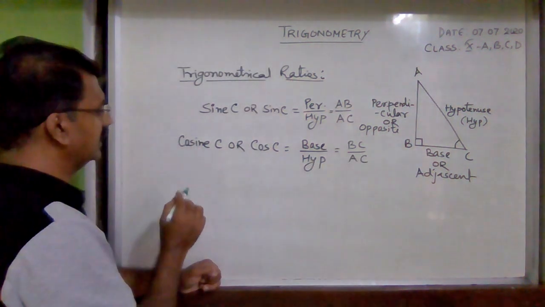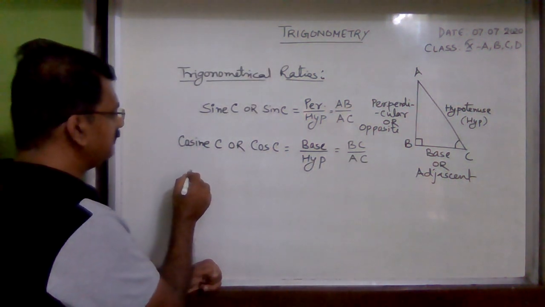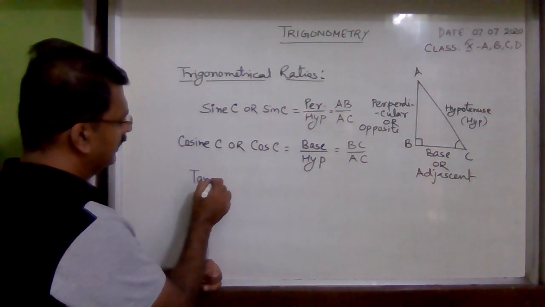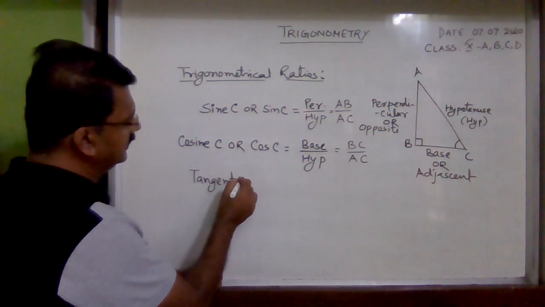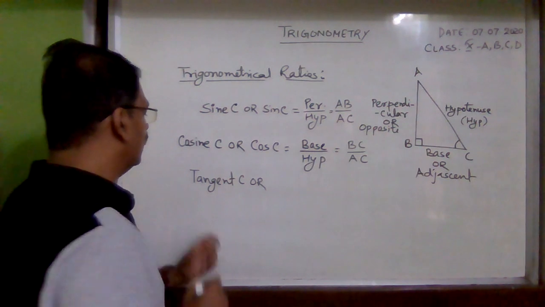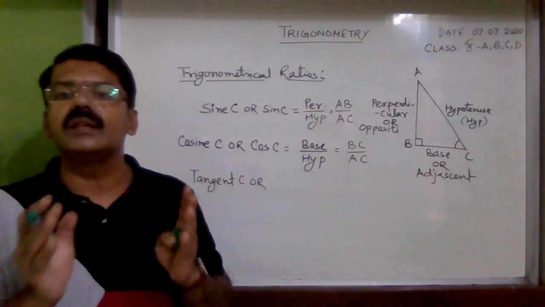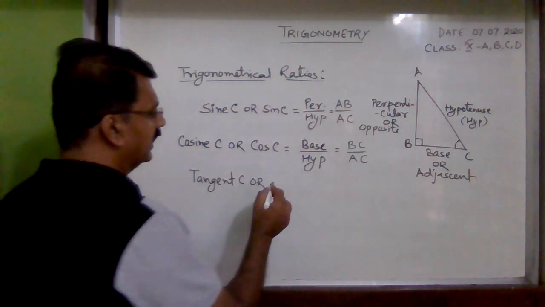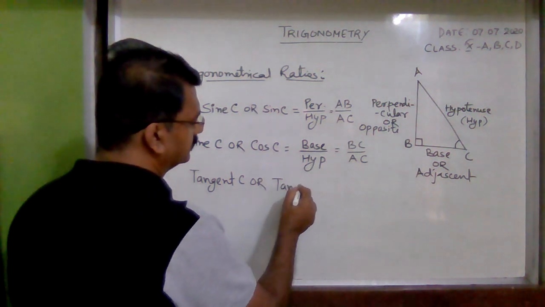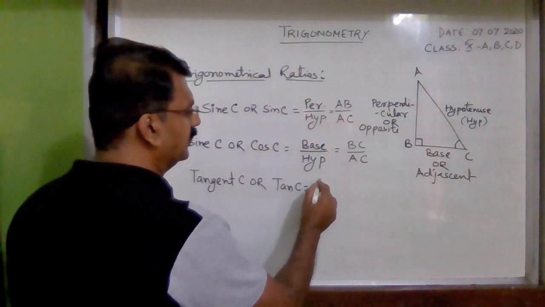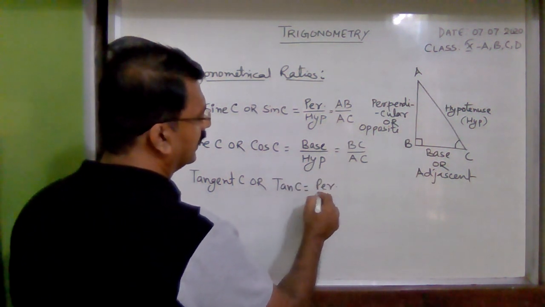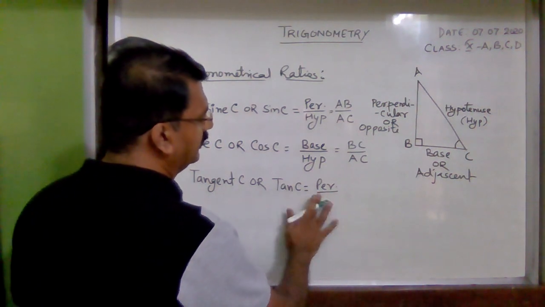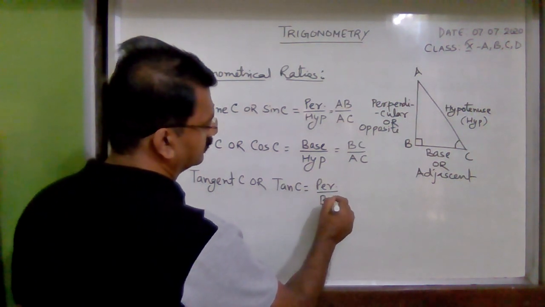Clear? And the third one is tangent C, in short called tan C. Tan C is equal to perpendicular upon base.